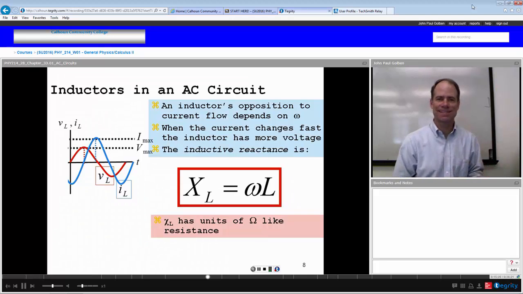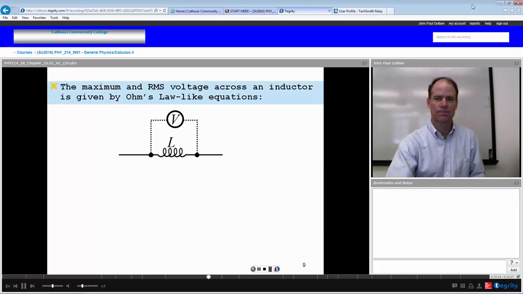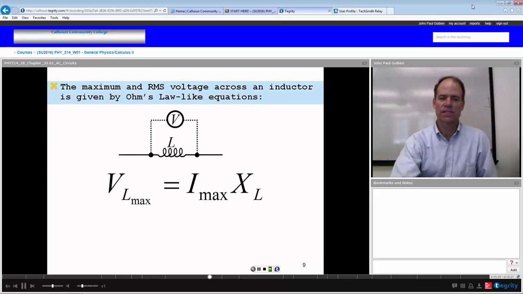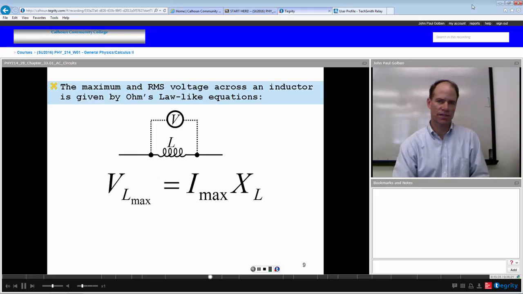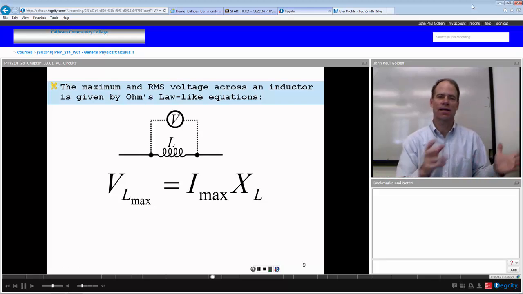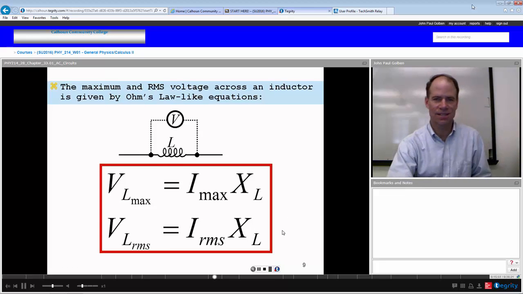It's not dissipating energy. In the Ohm's law-like relationship, we can say that the maximum voltage across the inductor is related to the maximum current in the circuit times its inductive reactance. Kind of looks like V equals IR, but it's V equals I times inductive reactance. And the RMS voltage in the inductor is equal to the RMS current times the inductive reactance.